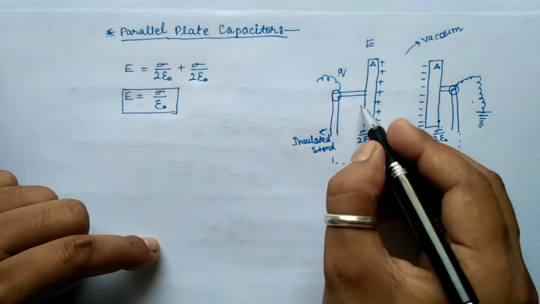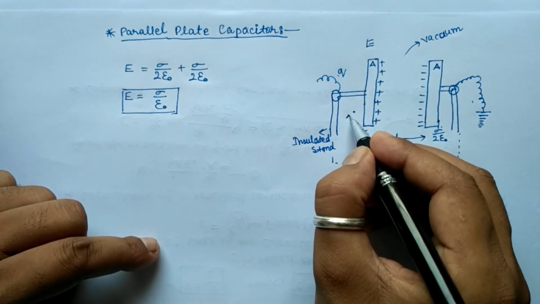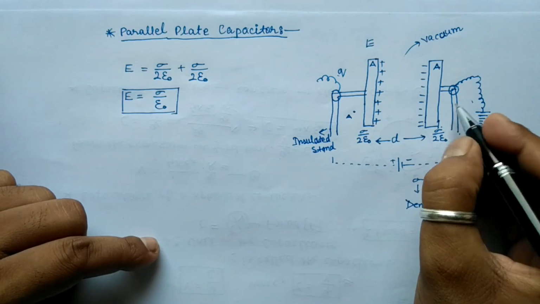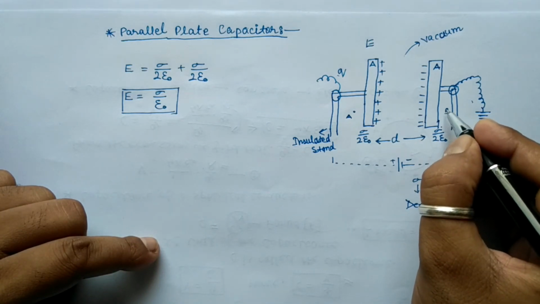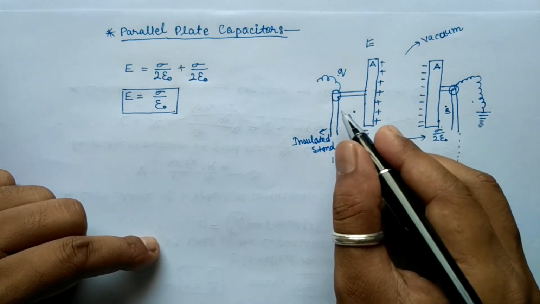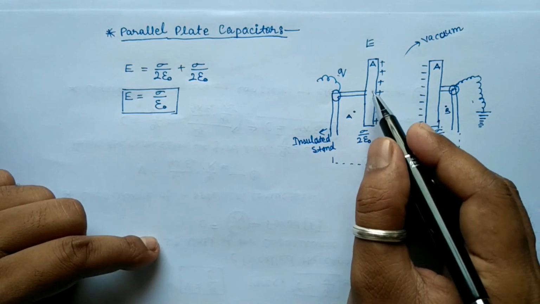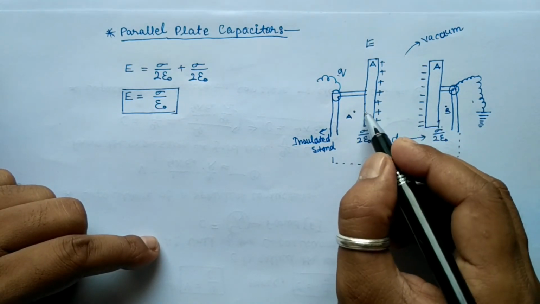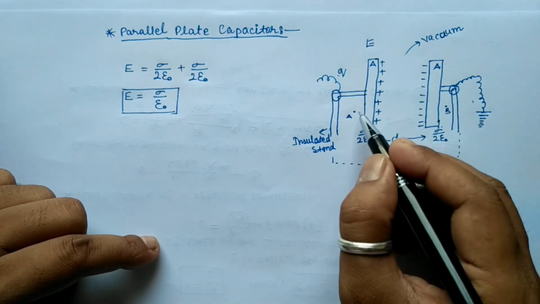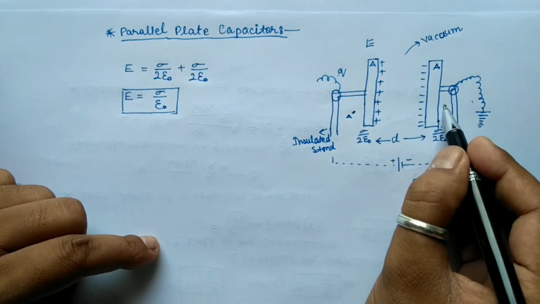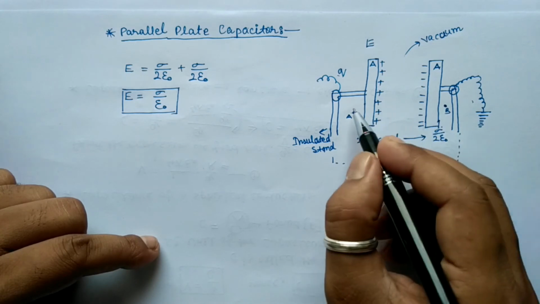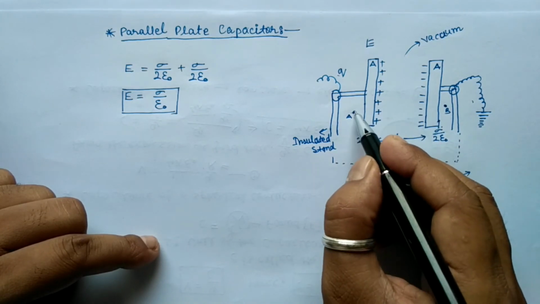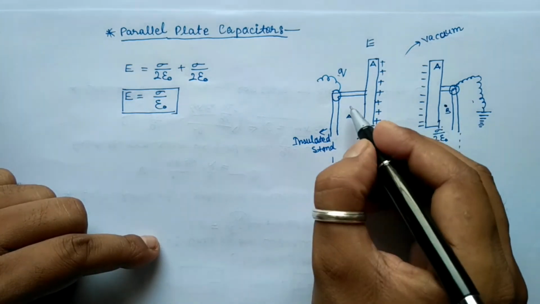Outside the plates, here is point A, here is point B. The field due to positive sheet of charge and negative sheet of charge are in opposite direction. At this point and this point, the capital E is in opposite direction. Therefore, net field at this point is 0.